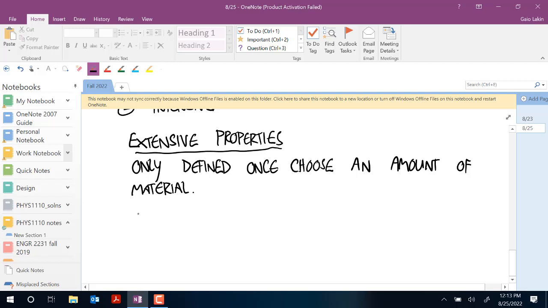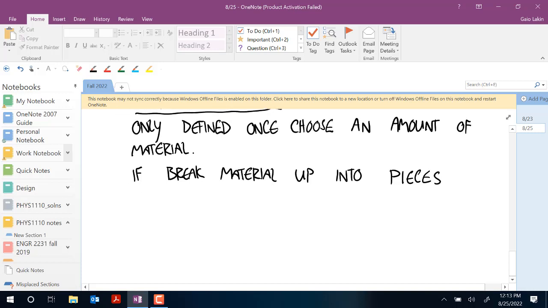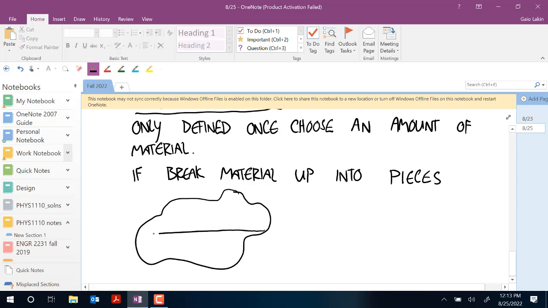And if you break up material into pieces, so let's say that this is some amount of material, and say that we just break it up into, what am I going to call these?